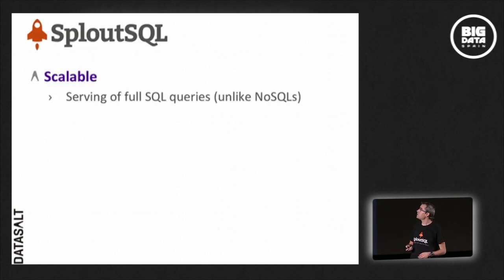On the other hand, Splout SQL is a distributed database that is able to run SQL queries, unlike NoSQL databases that cannot do that. Obviously, with the restriction that you can only run your queries within the same partition. That's the only restriction you have. Otherwise, you have all the power of SQL because those queries are run on SQLite, as I said before.